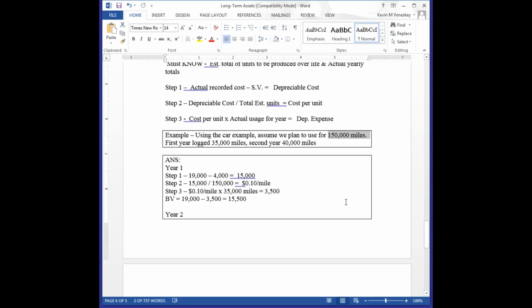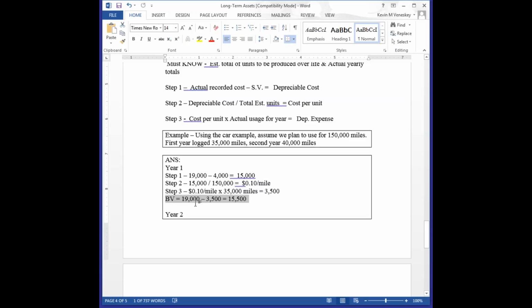And I expect to use it 150,000 miles. So again, that worked out just like my other problem to 10 cents a mile. So in the first year, if I drive 35,000 miles, all I need to do is just show 10 cents a mile times 35,000 miles. I'm going to do a depreciation expense journal entry for $3,500.